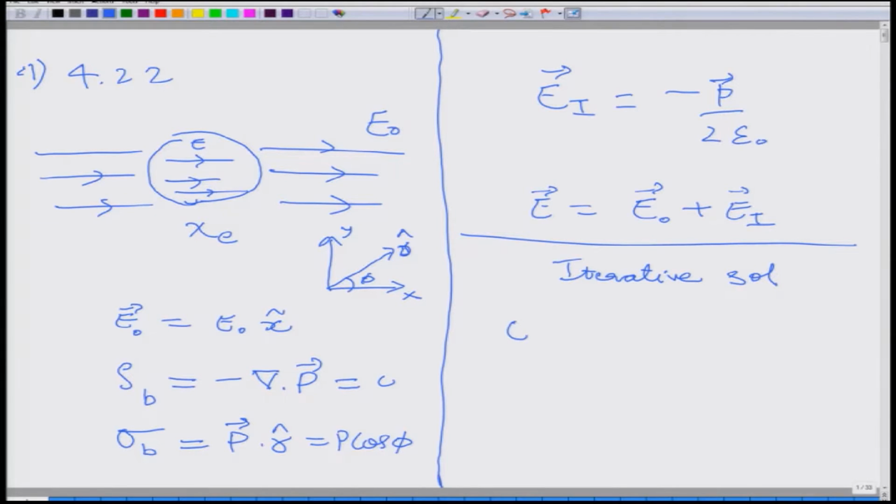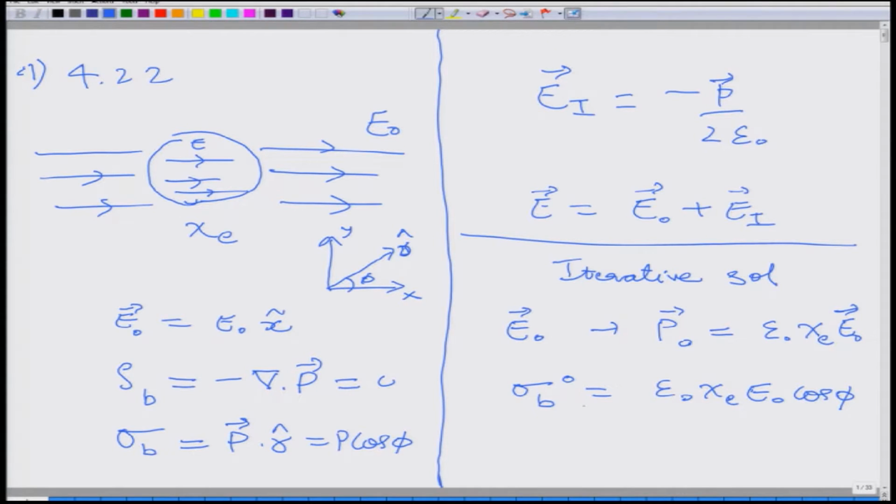So you have a constant electric field E naught, which gives rise to a polarization P naught, which is given by epsilon naught chi E E naught. This in turn gives rise to a bound surface density sigma B0, which is epsilon naught chi E E naught cos phi.